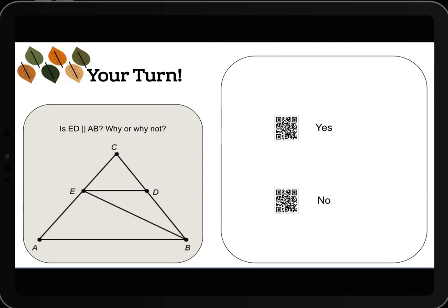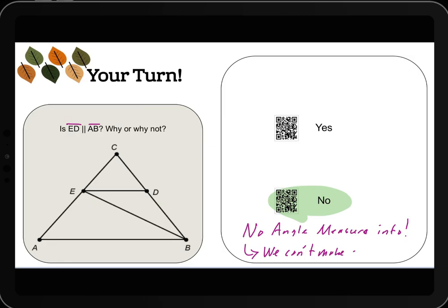Finally, in this last problem, we're trying to see whether or not the segments ED and AB can be considered parallel. Why or why not? The issue with this problem is that we have to say no, and the reason why we have to say no is because we have no angle measure information, and without any angle measure information, we can't make a conclusion.